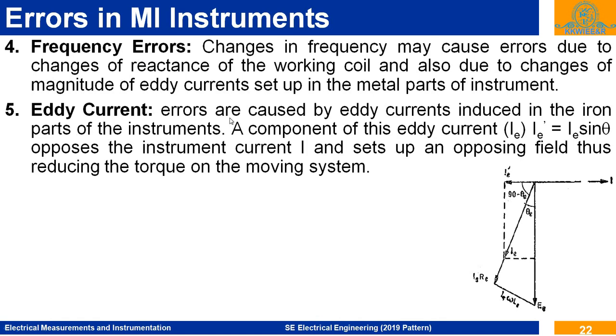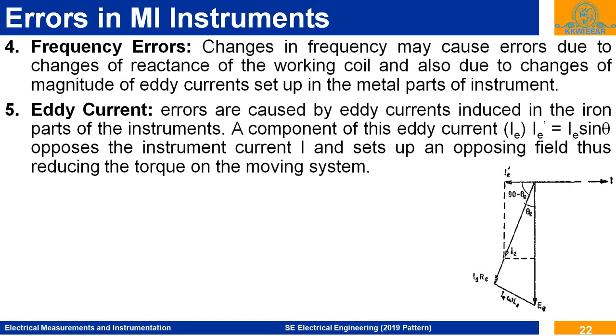Then the eddy current errors are caused by the eddy current induced in the iron parts of the instrument. This is the current to be measured, and because of this current, EMF is induced in the iron part, and because of this induced EMF, at an angle theta E, the eddy current IE is induced in the iron part.